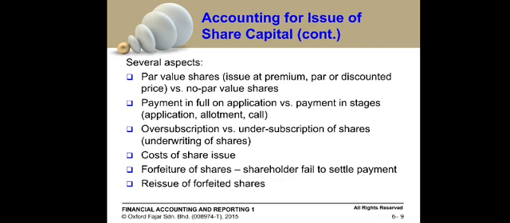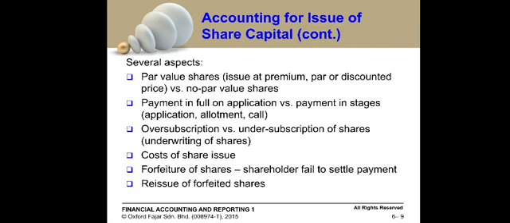Okay. Sometimes, if the company is a good company, when it wants to sell $10 million of shares, it will have oversubscription. Oversubscription means there are many people applying to purchase the shares.